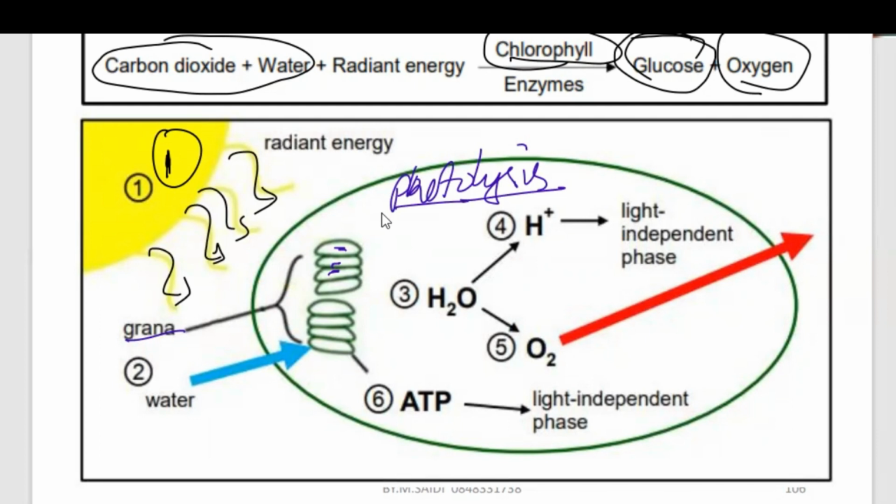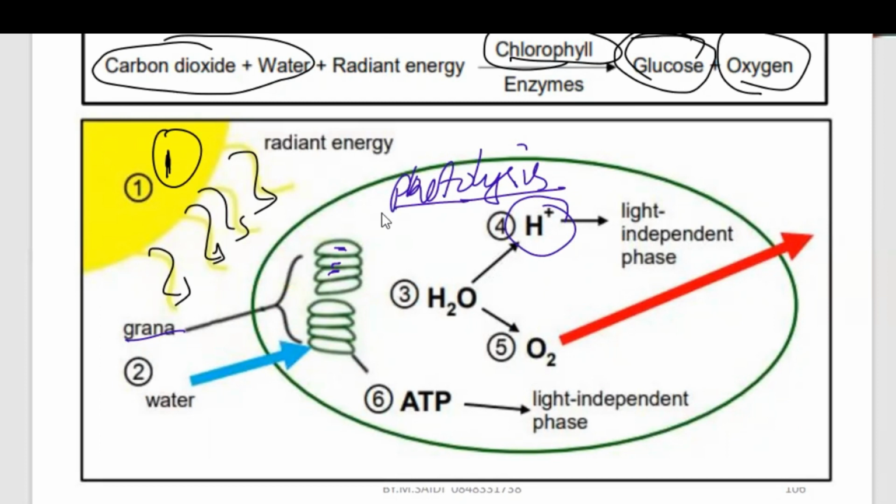You are splitting using light. So this light is going to help to carry out photolysis. Photolysis occurs when water is split. There is a chemical way we can present it, but generally this is what is happening.